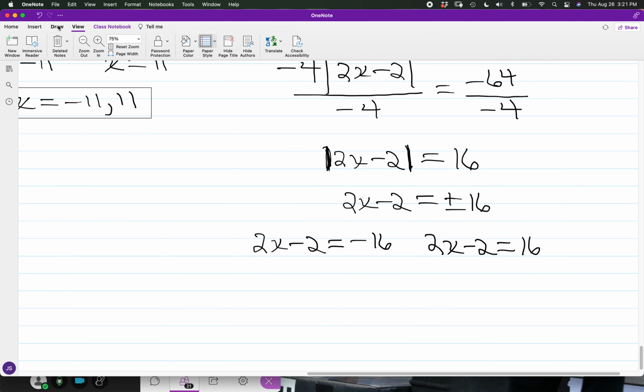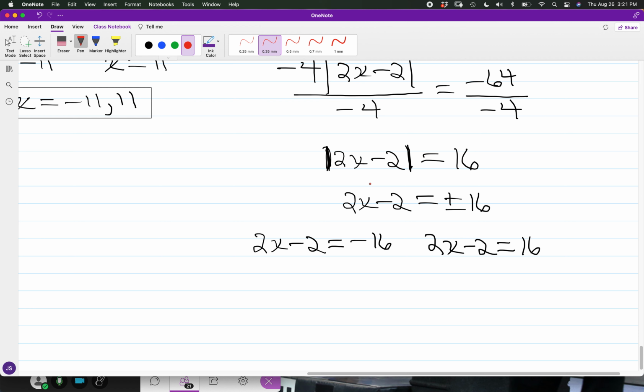So you have 2x minus 2 equal to negative 16, so if I add 2, and likewise for 2x minus 2 is equal to 16. At the lower end, we got 2x is equal to negative 16 plus 2, which will be negative 14. And with division by 2, we will have that x is equal to negative 7.